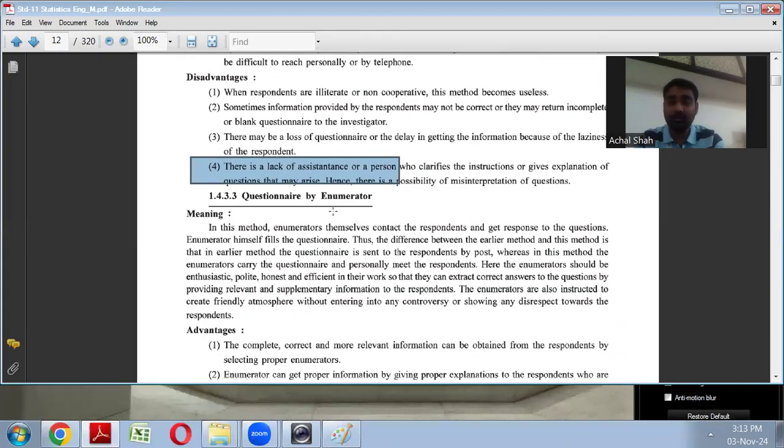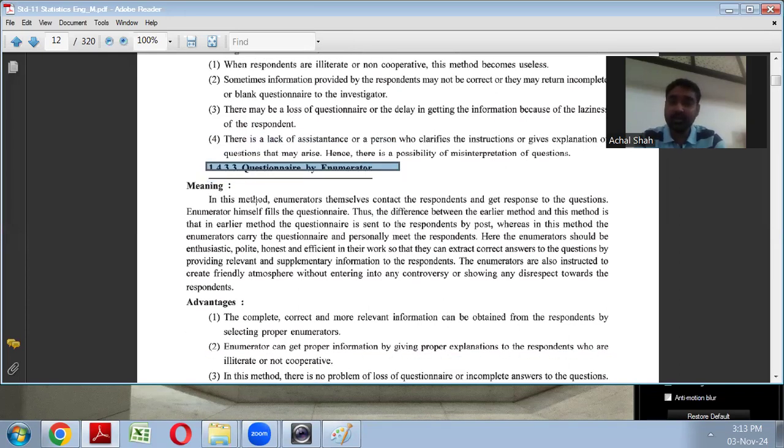So looking at the disadvantages of this method, the second method of questionnaire is by the enumerator himself. Questionnaire by enumerator. So here in this method, the enumerators themselves are going to contact the respondents and get the response to the questions. The enumerator personally will fill the questionnaire.